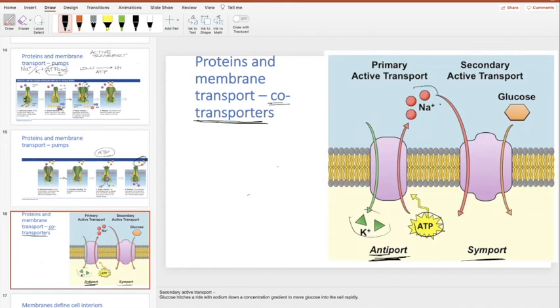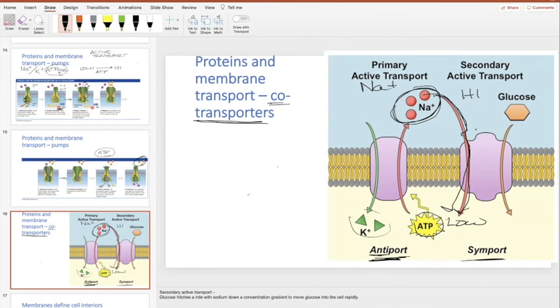Now, once we have this large buildup of sodium, okay, we can actually take advantage of the fact that we have this high sodium concentration to drive some electrochemical gradient interactions moving down the concentration gradient. So now we have a high concentration of sodium that's been set up for us through the action of this sodium-potassium pump. And now we can let sodium flow down its concentration gradient from high to low through a second protein, okay?